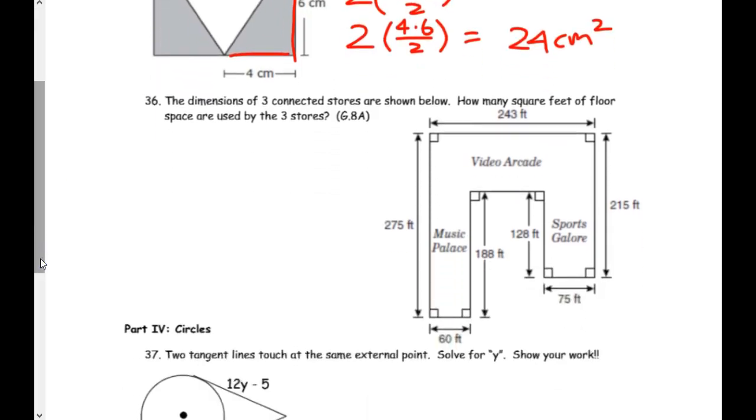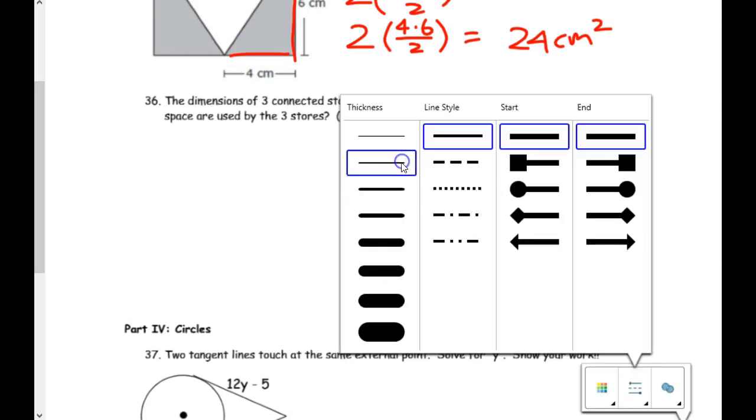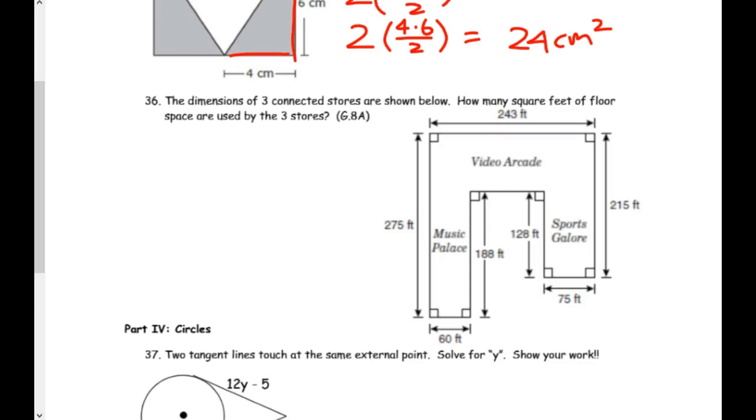36. The dimensions of 3 connected stores are shown below. How many square feet is it going to be? So basically we can break this up into 3 sections and find those 3 areas and add them up. So if I keep this going straight and this going straight, this is 60, this is 75.